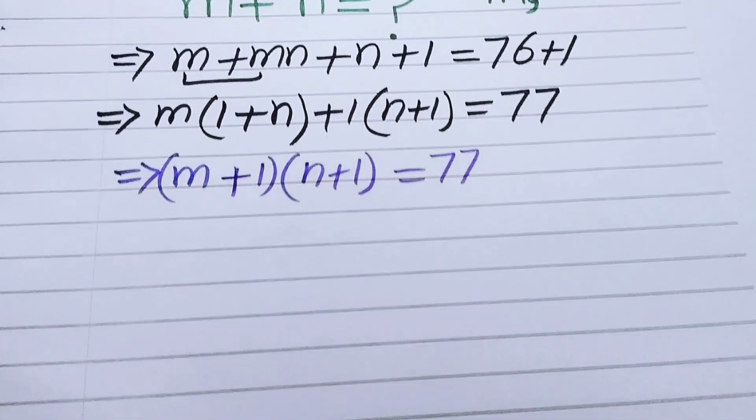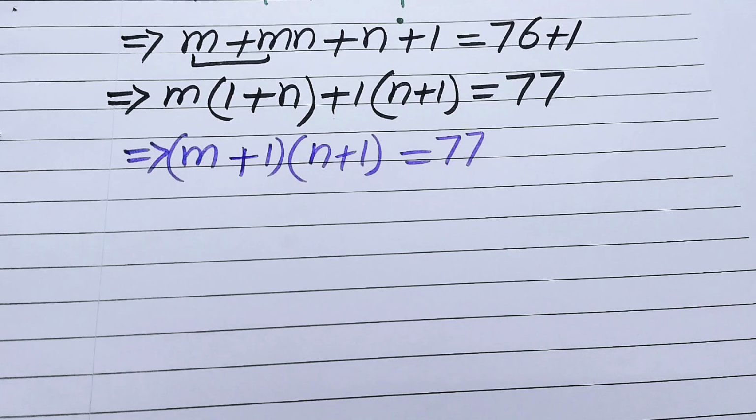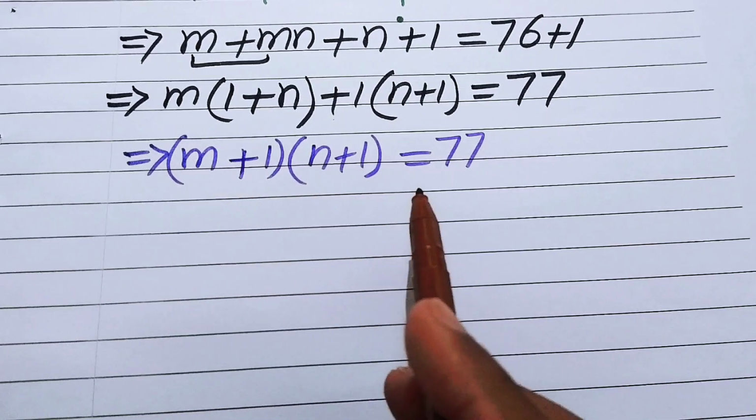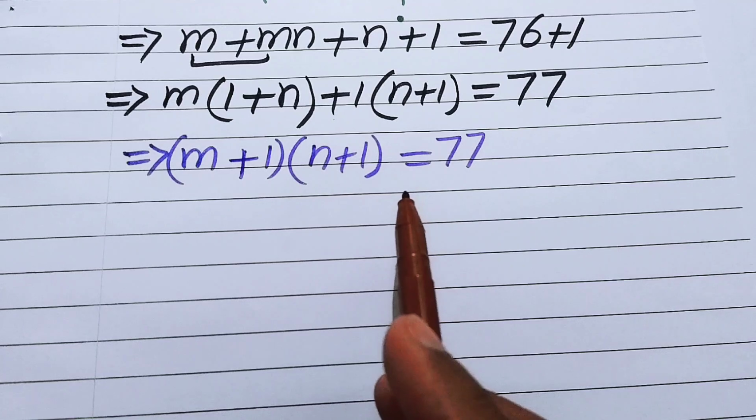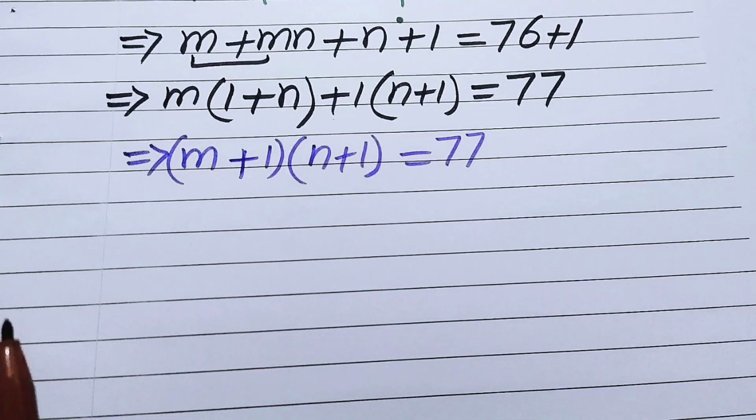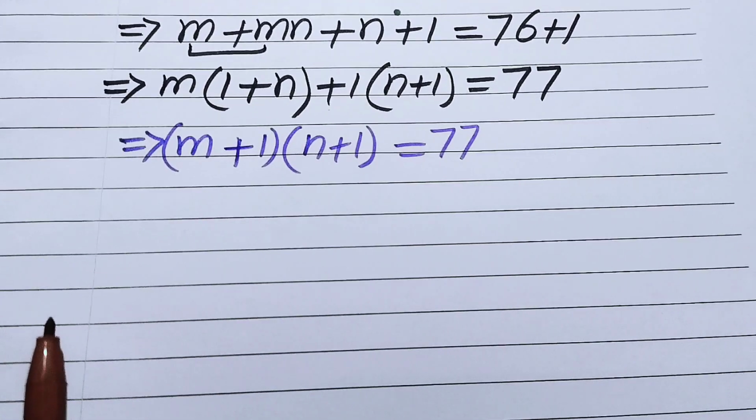So in the next step you see that on the left hand side we have two factors multiplied by each other, and on the right hand side we have only one factor, so now we make two factors on the right hand side.